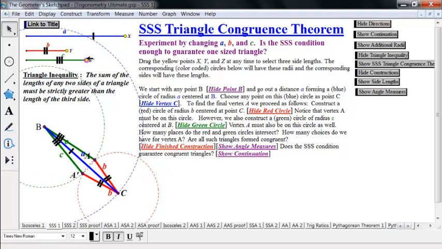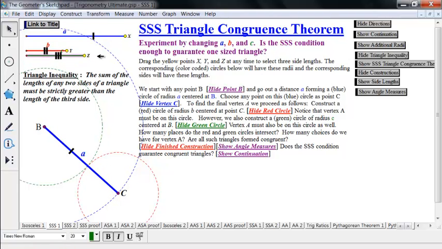Well, if they're too short, these two circles don't meet, or even if they just barely touch here, there's no triangle possible. So when they just barely touch there, they're tangent to each other.